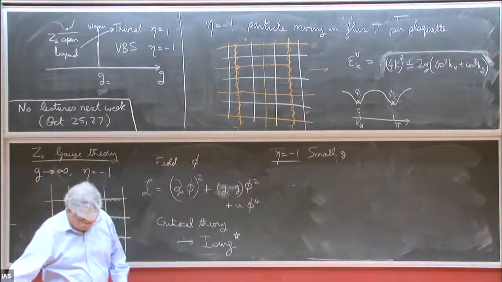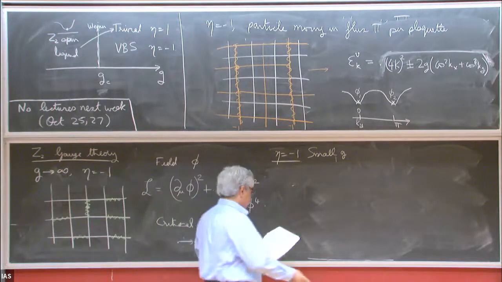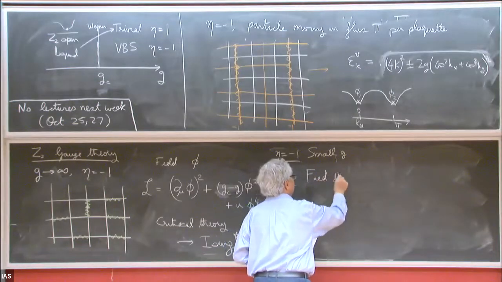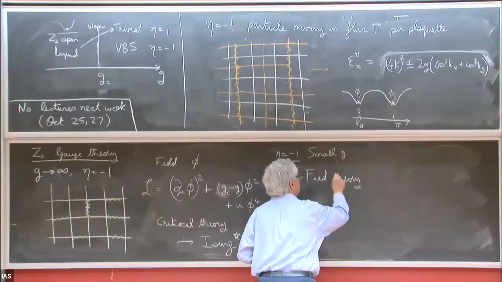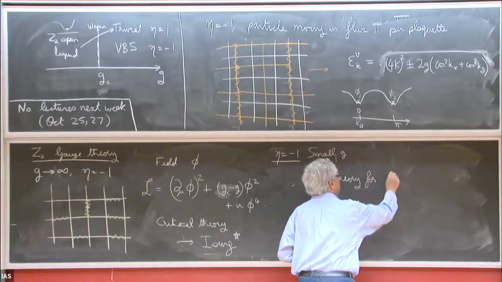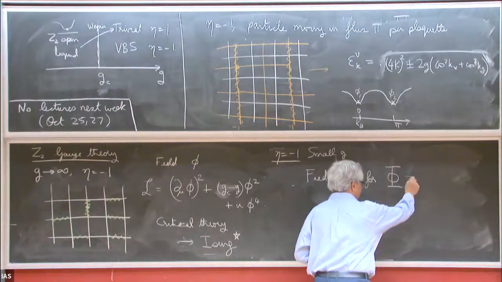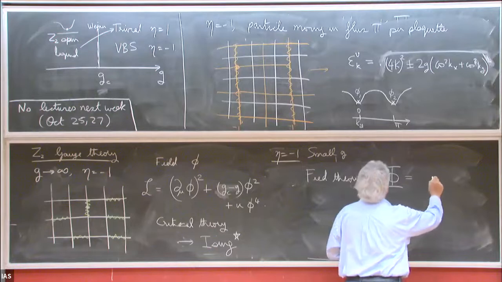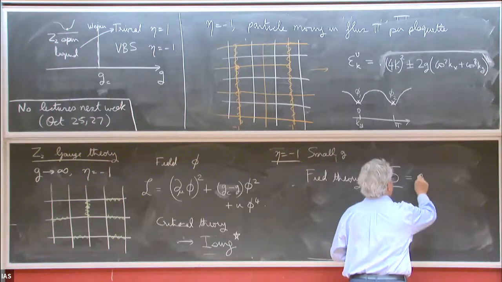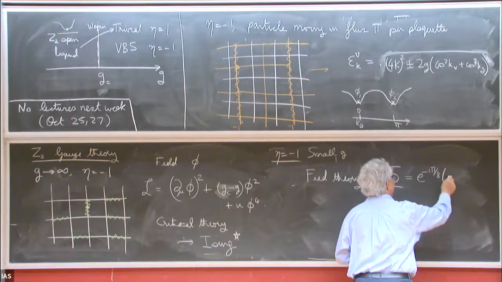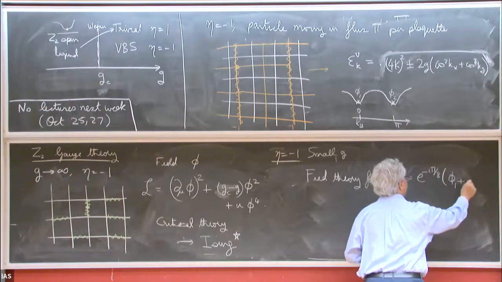So here's the way I've written it in the notes. There's a field theory for a complex field. This is a Z2 gauge charge, but it's at this phi. There's many ways of defining it, but this turns out to be the most convenient one: e to the minus pi over 8 (phi1 plus i phi2).